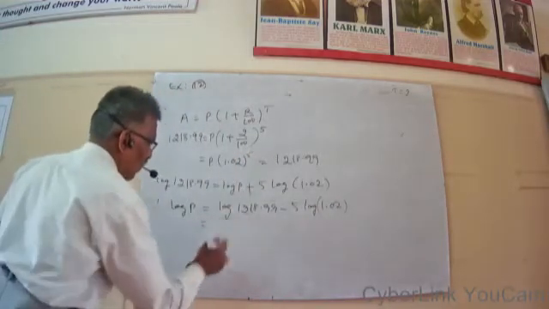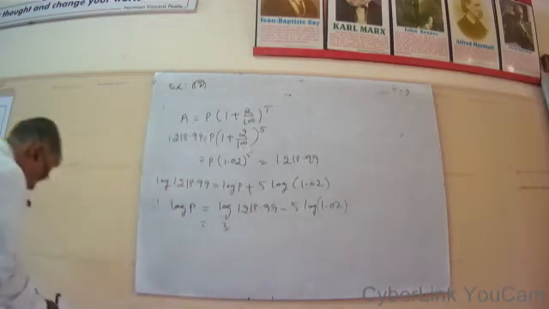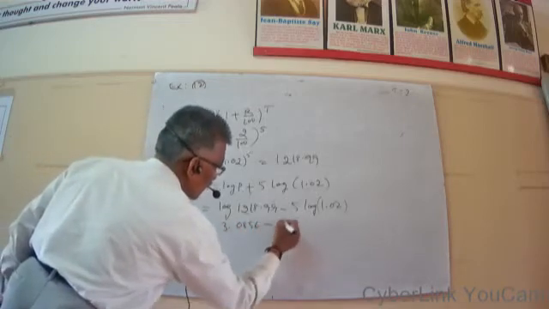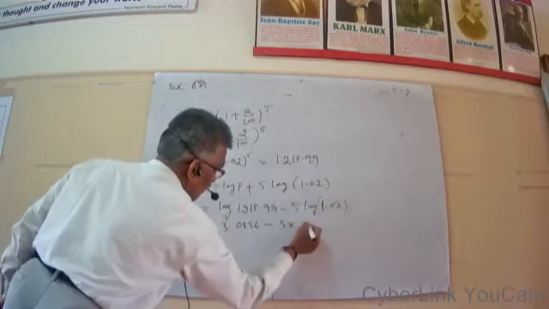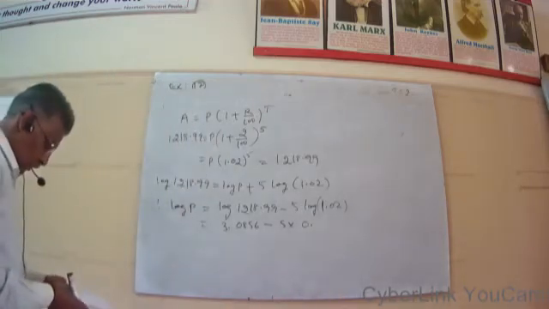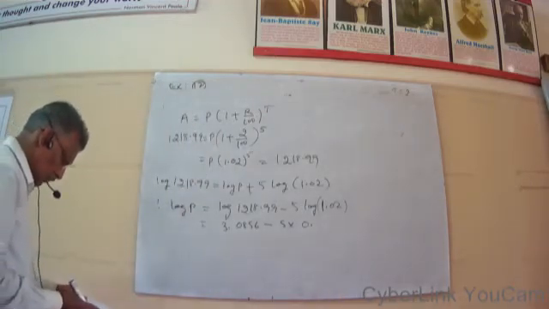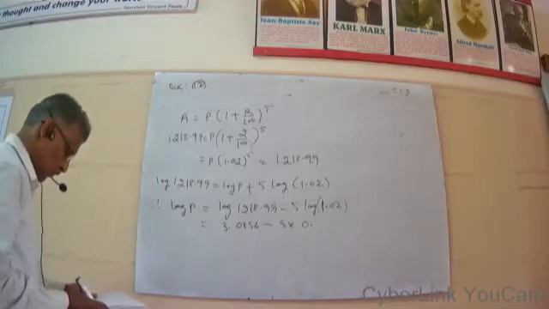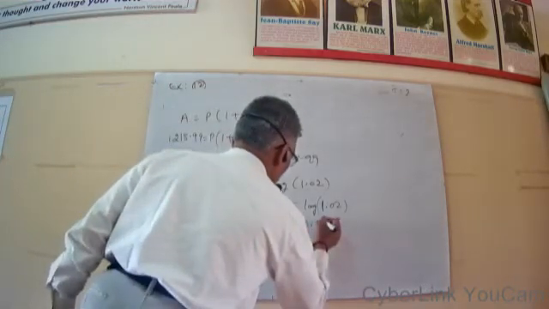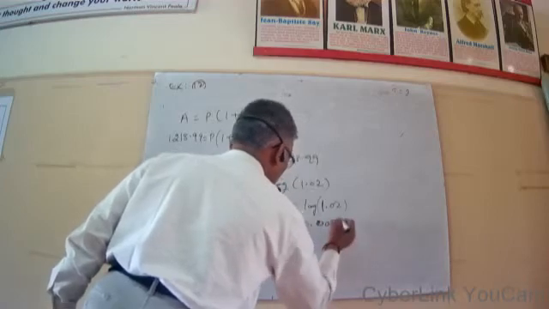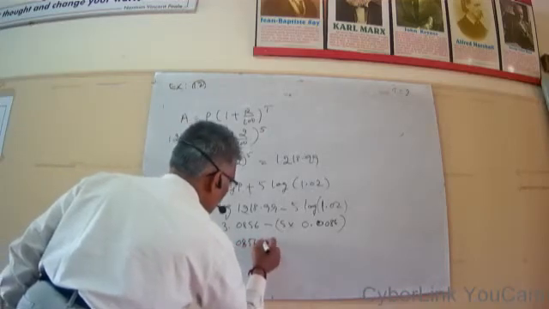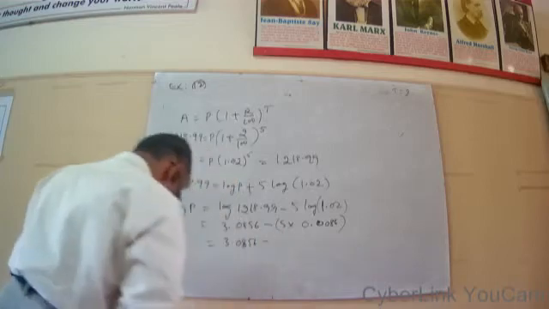So log of 1218.99 is 3.0856, since it has 4 digits. Minus 5 into log of 1.02: the characteristic is 0 because there is 1 digit, and the mantissa is 0.0086, into 5, which becomes 0.043.